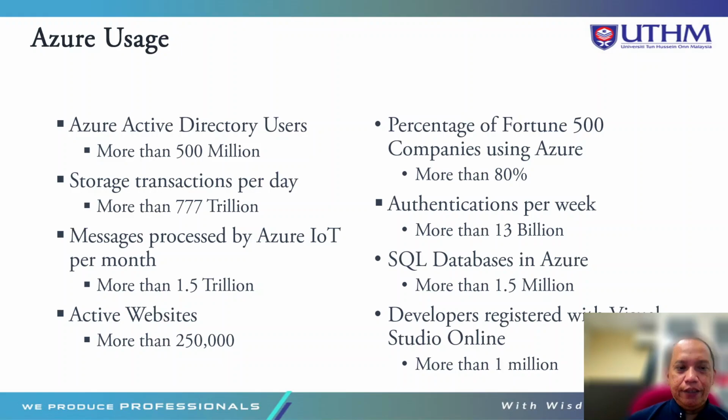Active websites that use Azure as a server and web development: more than 250,000. The percentage of Fortune 500 companies using Azure right now is more than 80%. Maybe it will increase or decrease, it depends on the other service providers.